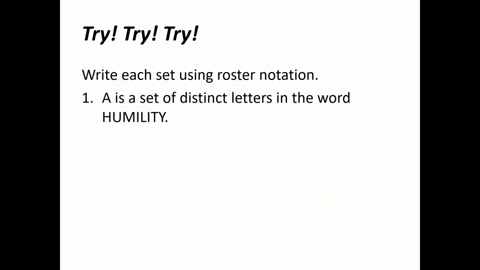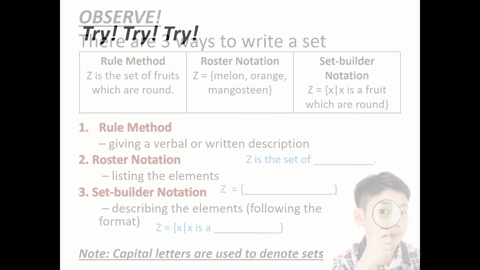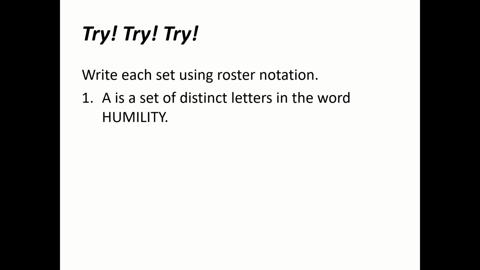So let us try. Write each set using roster notation. The name of the set now is A. And this is written, by the way, again in rule method. So A is a set of distinct letters in the word humility.